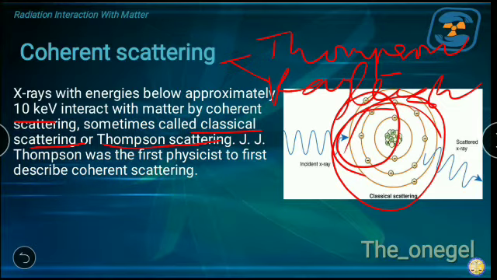When we say Thompson scattering, this is a classical or coherent scattering with low energy photons interacting with an orbital electron. Whereas a Rayleigh scattering is a type of coherent or classical scattering that involves a low energy photon interacting with the whole atom. Okay, I hope you won't be confused.